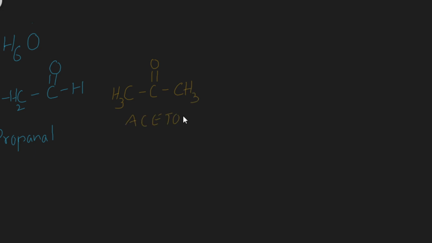And now you look at these two, both are having same molecular formula. So both are having the molecular formula as 3 carbons, 6 hydrogens, 1 oxygen. That is propanol and acetone are having same molecular formula, but they are differed in their properties. So the properties here refers to what?